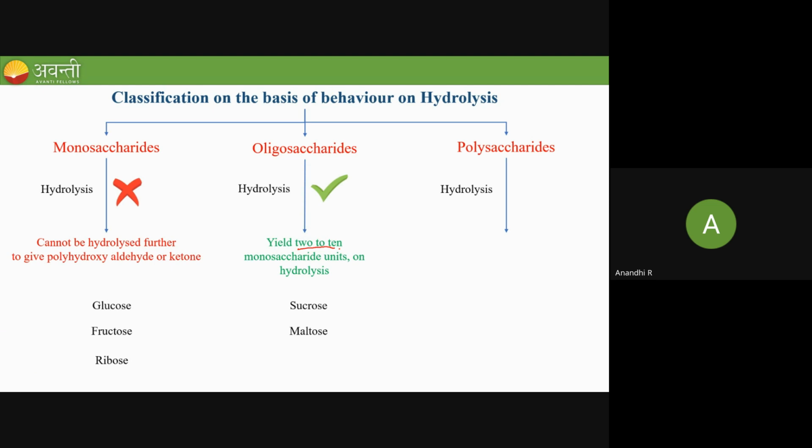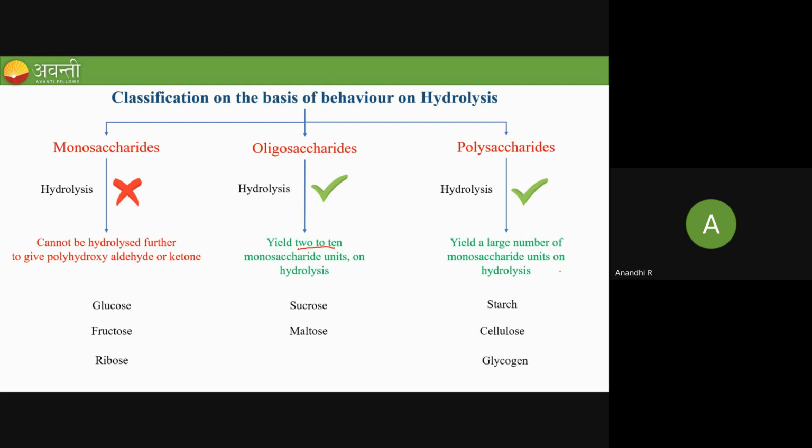And polysaccharides also undergo hydrolysis and they yield a very large number of monosaccharide units, that is, more than 10 monosaccharide units on hydrolysis. The examples are starch, cellulose, and glycogen.